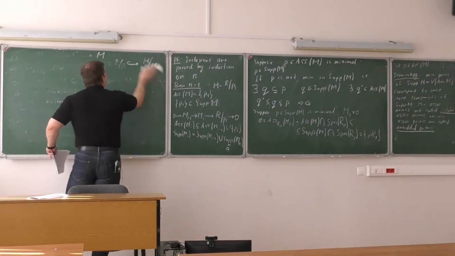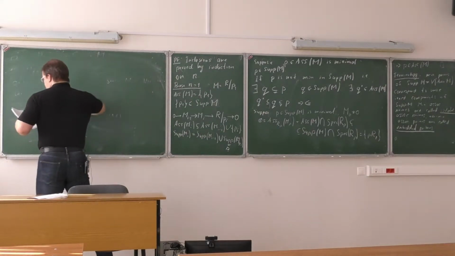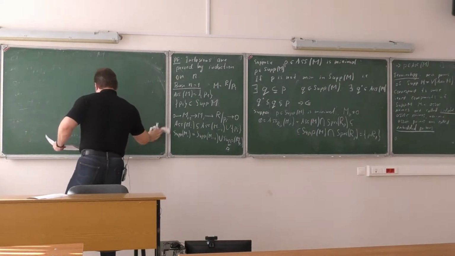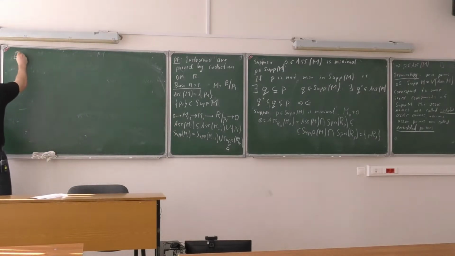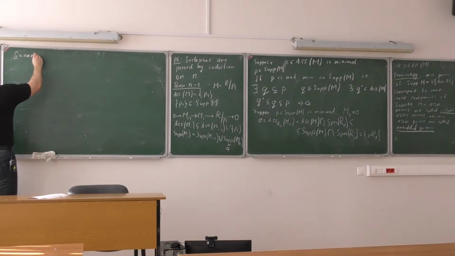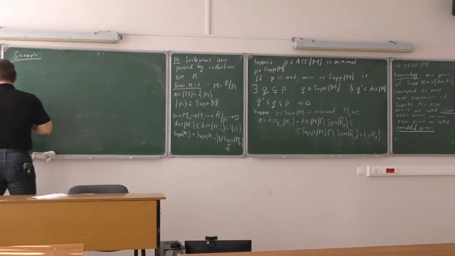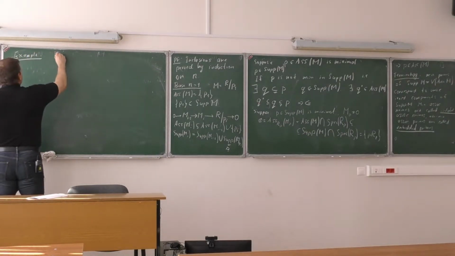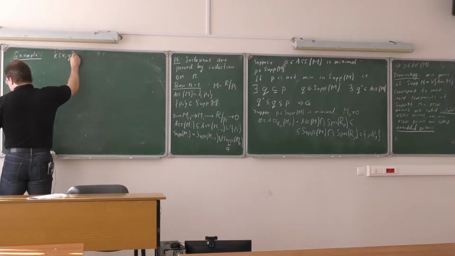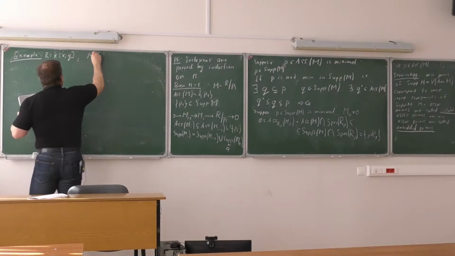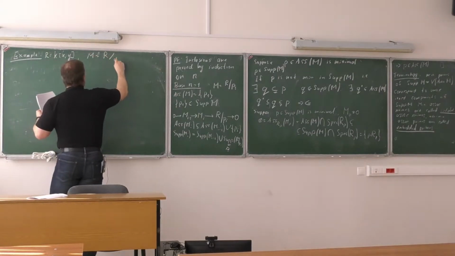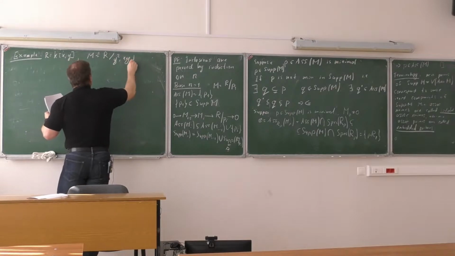But just to give you a brief example, and all the details will be postponed until we do the seminar. In this example, you take a polynomial ring in two variables, and this is R, and the module M is just the quotient of R by the ideal generated by y squared and xy.